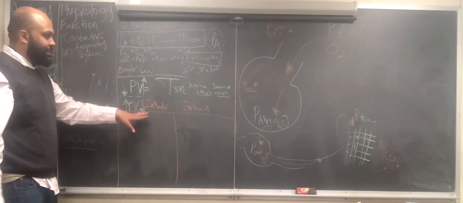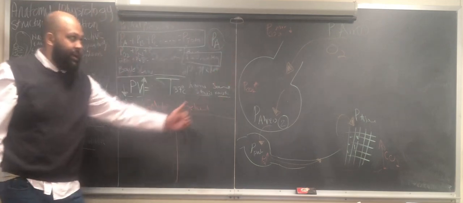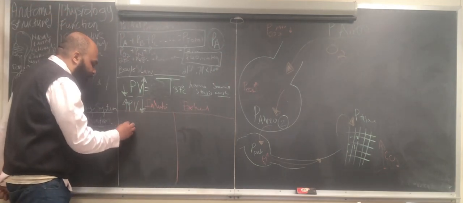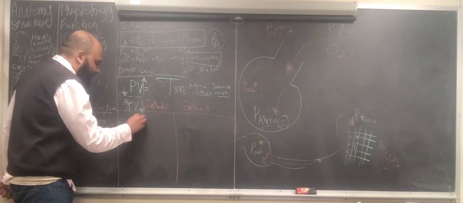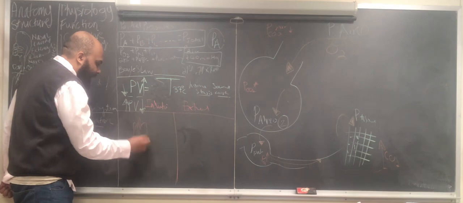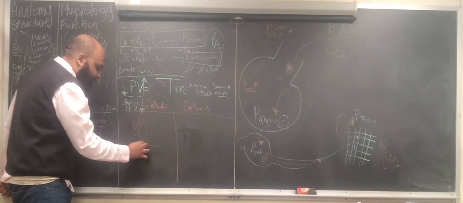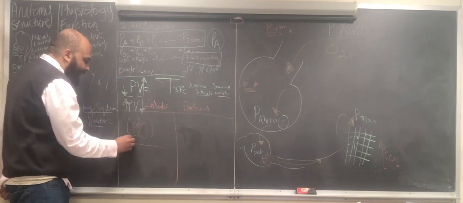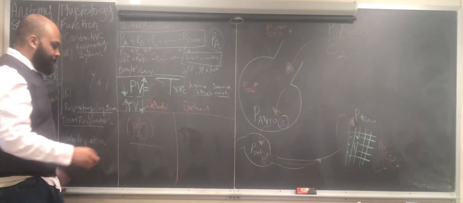So I know that to inhale, I need to bring air in. So that means in my thoracic cavity, these are my lungs, and that is the diaphragm. And I have intercostal muscles. And I have abdominal muscles.